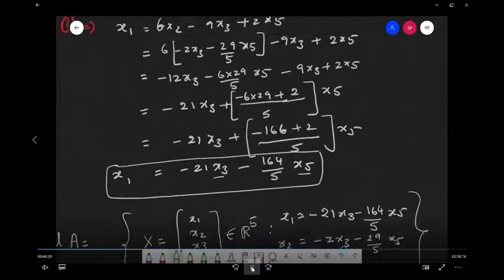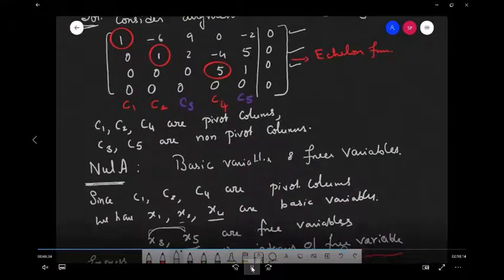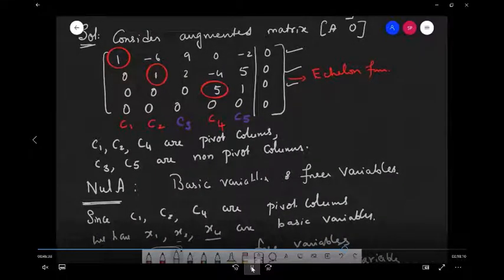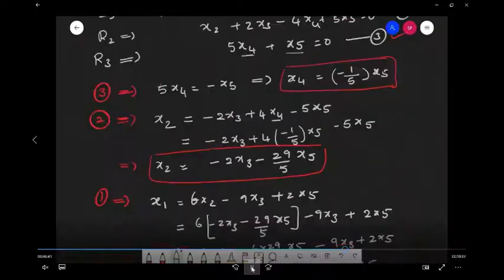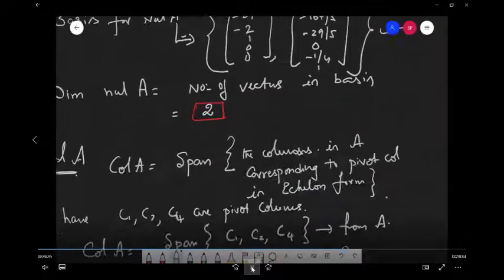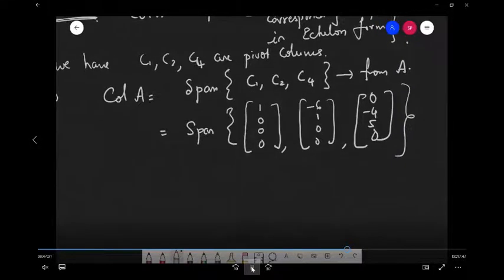The fourth column in A is 0 minus 4 5 0. So this is the column space of A, which is the span of these three vectors, the columns C1, C2, C4 from the given matrix A.